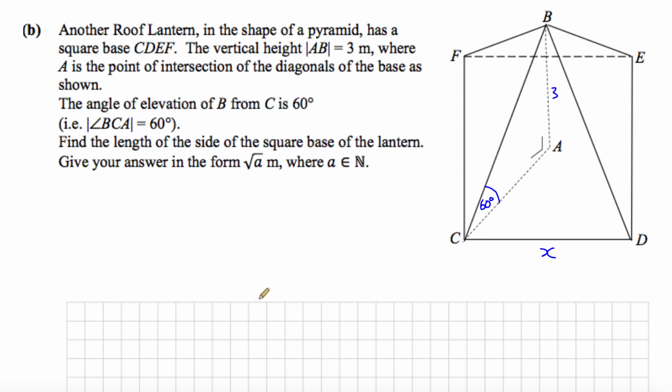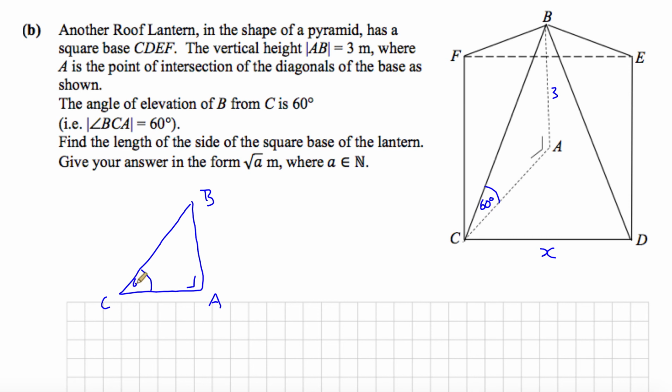Okay, so what I need to do then is find something on the ground. So I need to find the length AC. So if I look at the triangle BCA from the side like this, it's right angled.